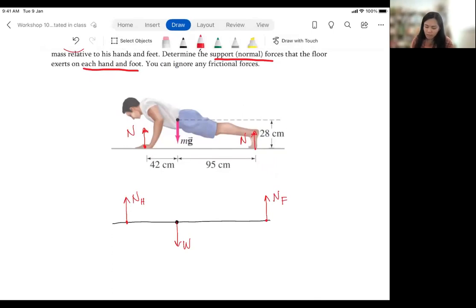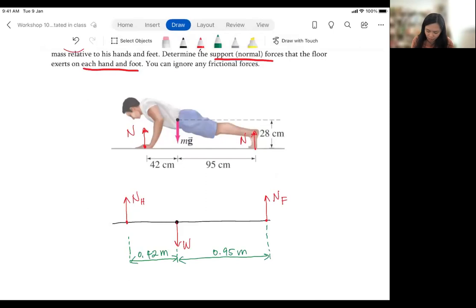I'll show the given distances from the hand to the center of mass, or the weight force. That's 0.42 meters. I'll convert that to meters already. And from the center of mass to the feet, that's 0.95 meters, or 95 centimeters.